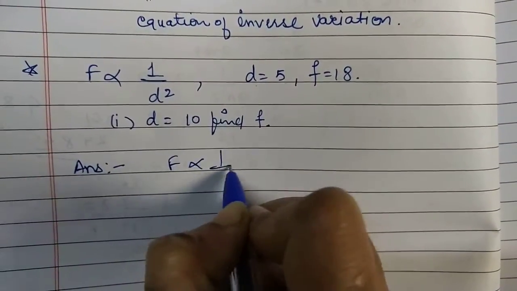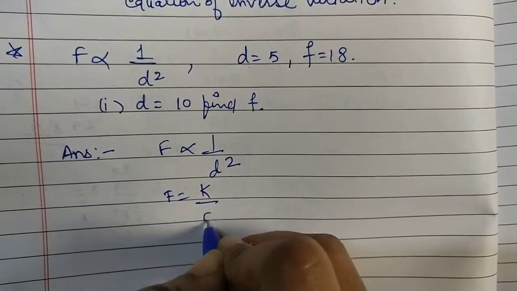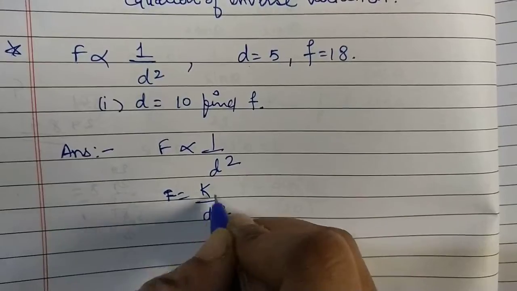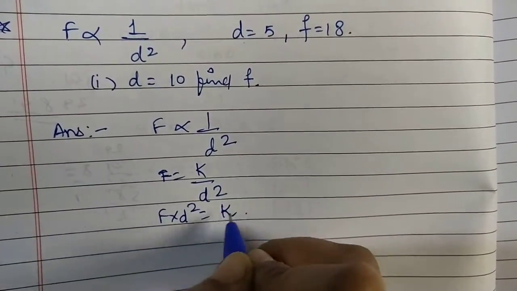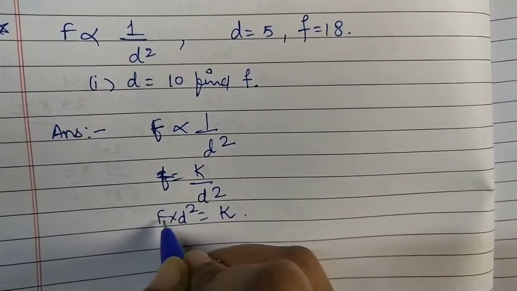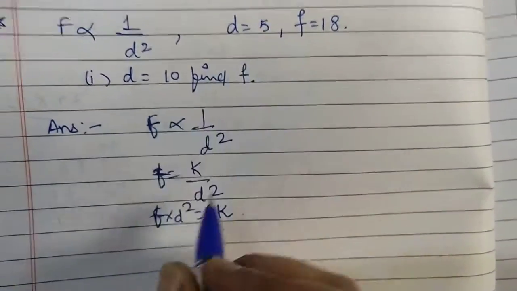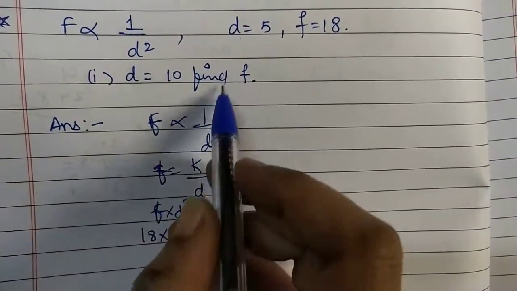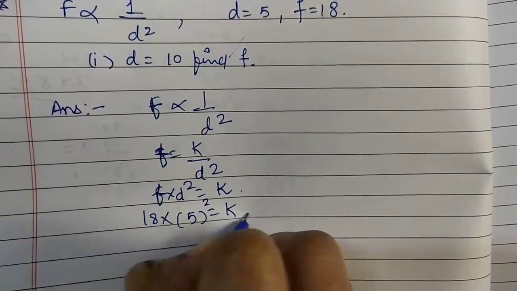You know that f is inversely proportional to d square. Convert this into the form of an equation. So f equals k upon d square, that is f into d square equals k. Now f is 18, into d is 5, 5 square equals k.